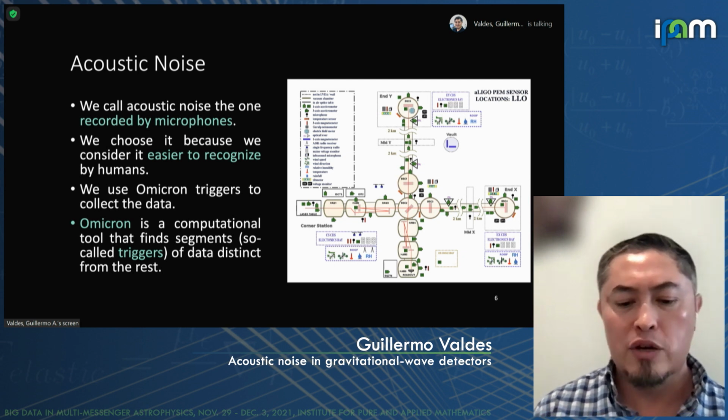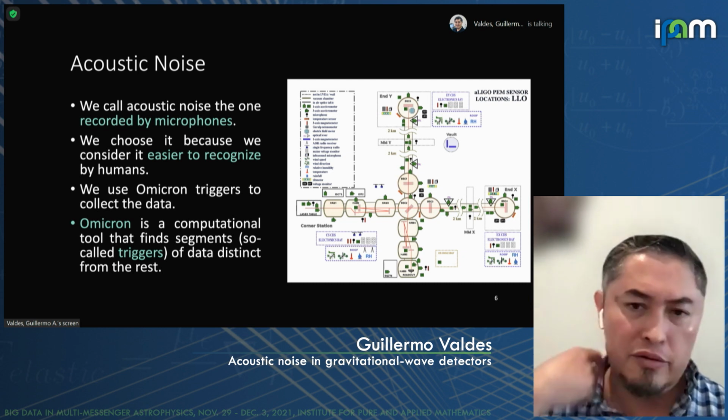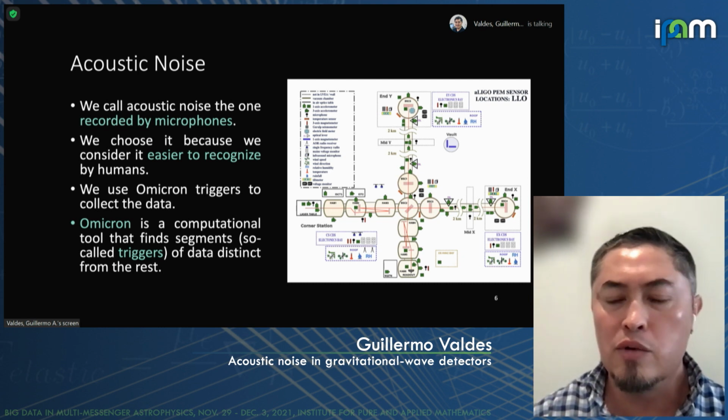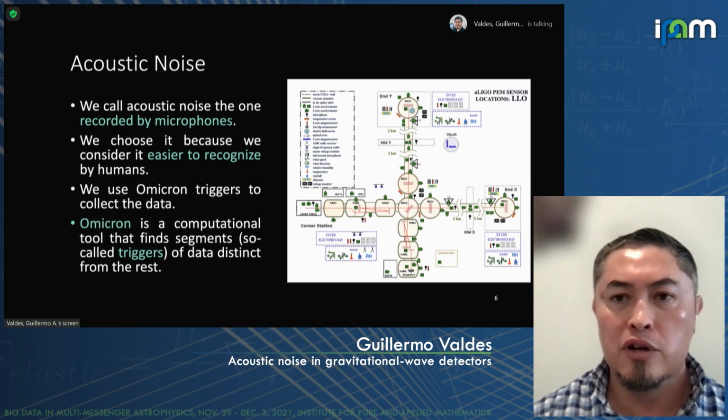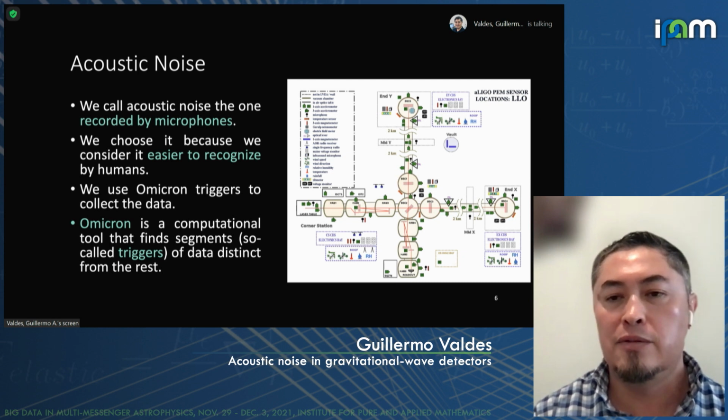For the data that we collect, we use what we call Omicron triggers. But what is Omicron? Omicron is a tool that was created a long time ago, and it's available in LIGO, one of the gravitational wave detectors. In summary, what it does is find segments of data that are distinct from the rest, right?